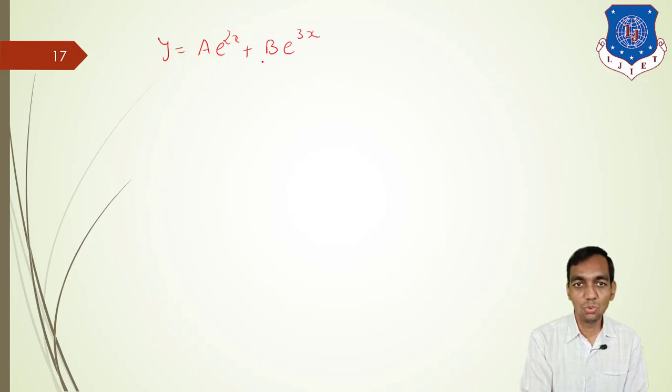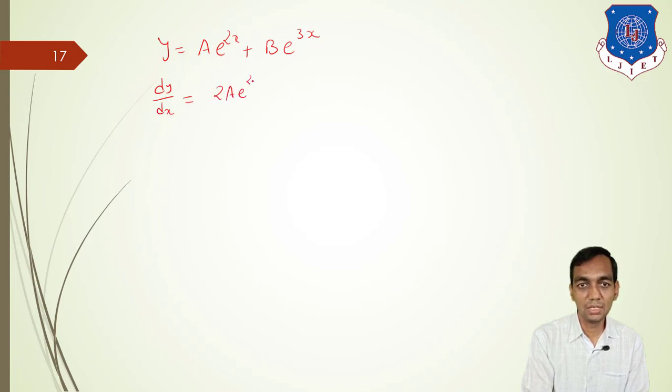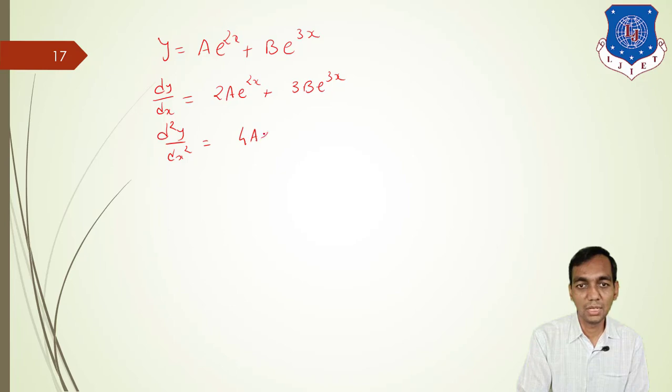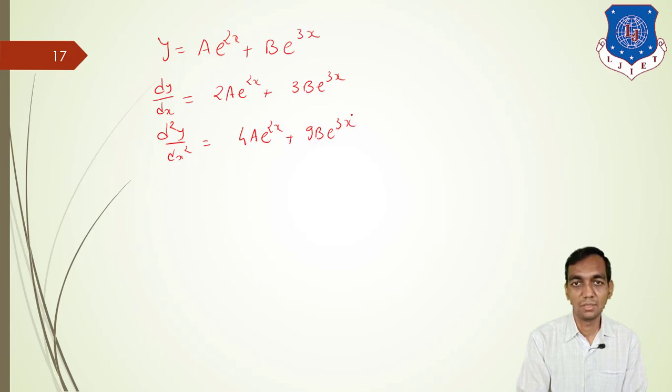So here you have two arbitrary constants a and b. So you have to differentiate twice. So dy by dx, that will be 2a e raised to 2x plus 3b e raised to 3x. Correct? In the same manner, d square y by dx square, that will be 4a e raised to 2x plus 9b e raised to 3x. Correct?